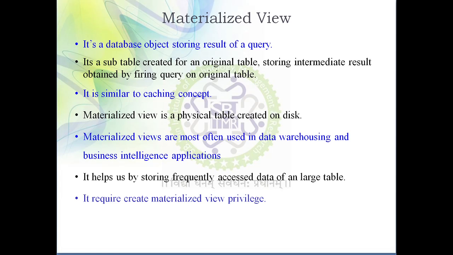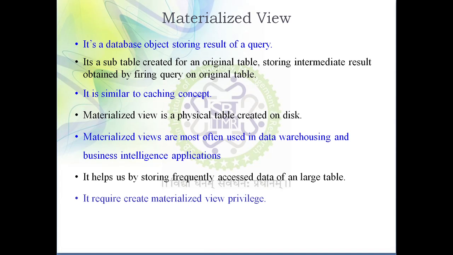Just like the example where I created table bank with 100 columns and 1 crore rows, but found that I am going to use only 3 columns. So I fire one query, retrieve the 3 columns and store them in a sub table. This is what a materialized view is: the sub table which stores the intermediate result.